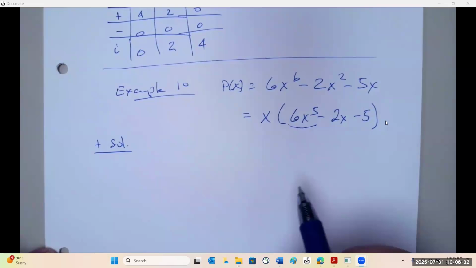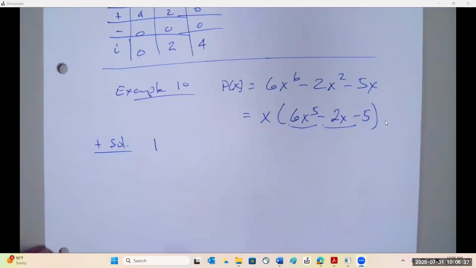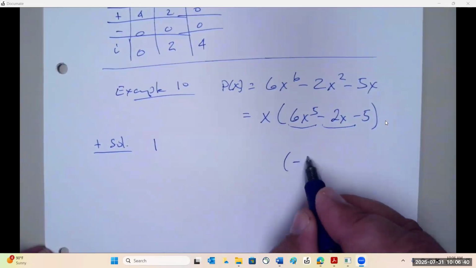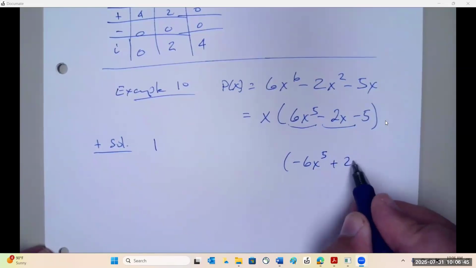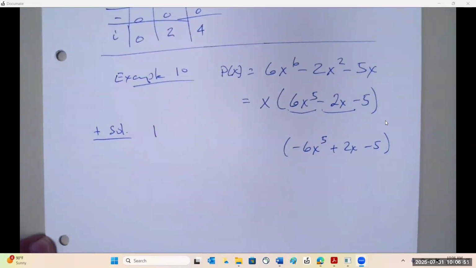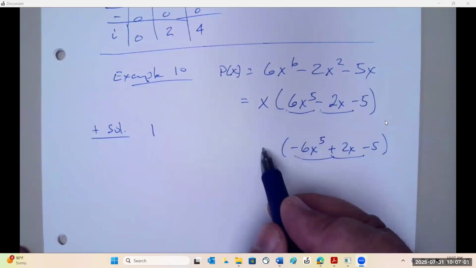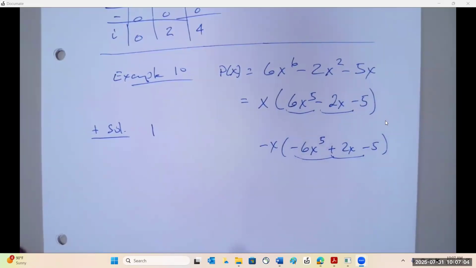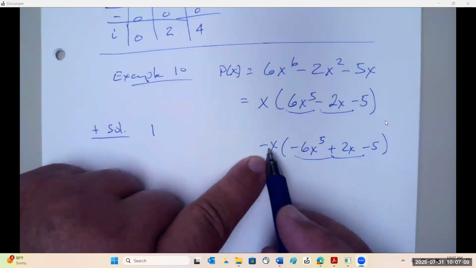So how many positive solutions can we have? Is that a sign change? Is that a sign change? So we have one sign change. And then we do the same thing with negatives. Is that a sign change? That a sign change? Now we also have to change this one. So this and this changes, this makes it a positive.